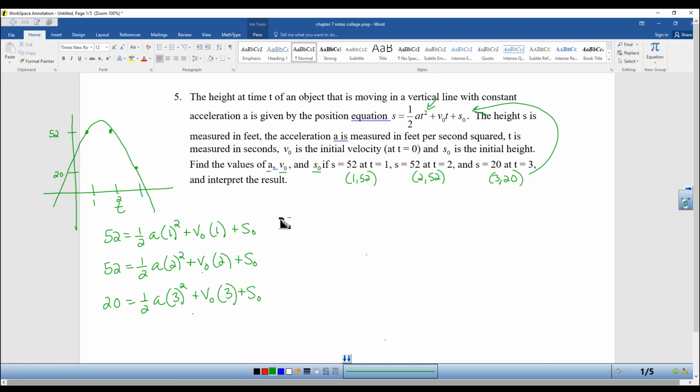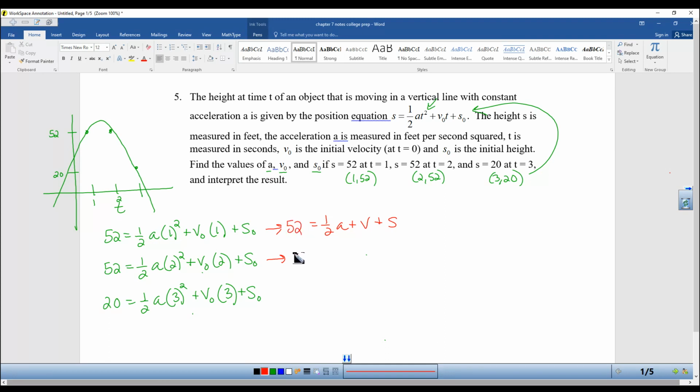All right, let's simplify these. So I can rewrite this as 52 is equal to 1/2 a, and I'm just going to change these since there's no other v or other s to confuse it with. I'm going to temporarily eliminate this subscript there. Sorry about that. 52.